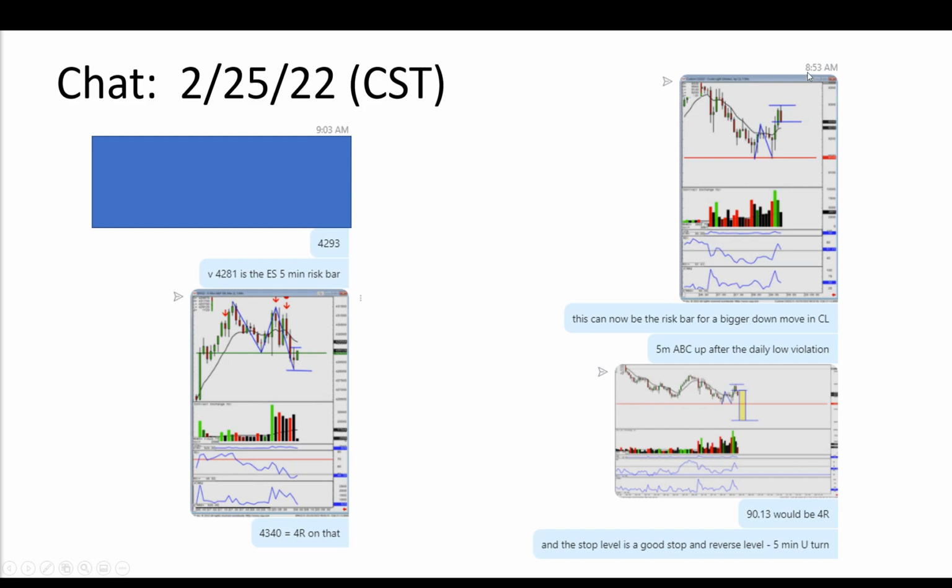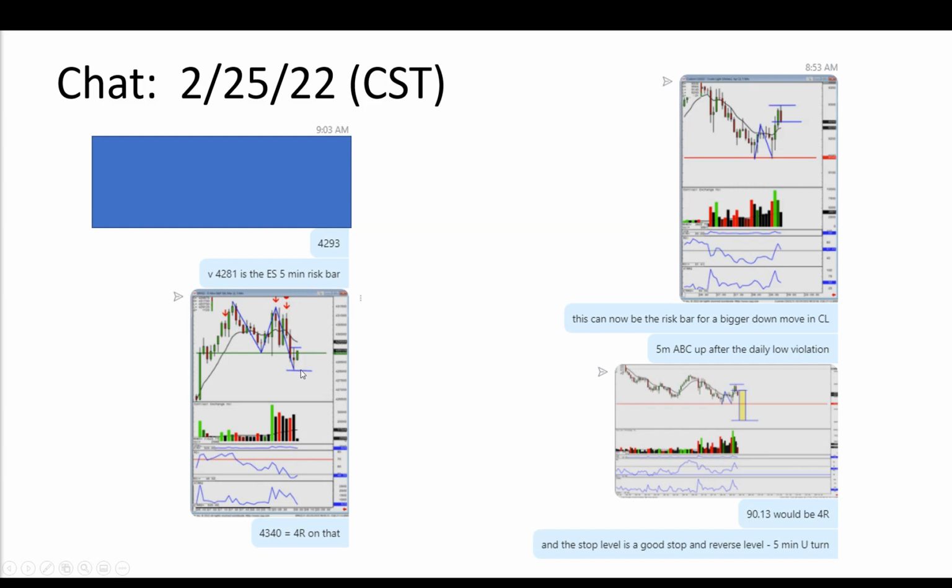So at 8:53, and again, this is a 5-minute chart, while that red bar was forming, I was mentioning that this can now be the risk bar for a bigger move down in CL, and it's basically what I called a 5-minute ABC up after the daily low violation, and this is the exact same thing in the opposite direction.